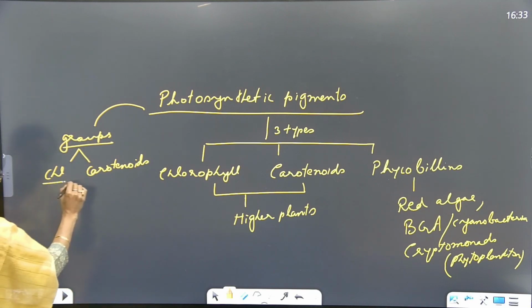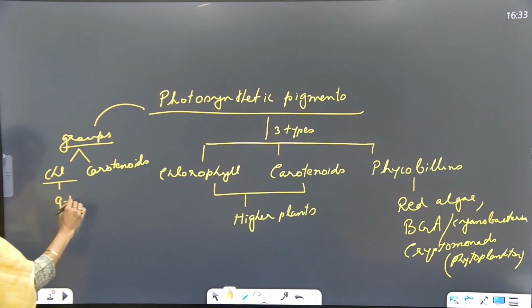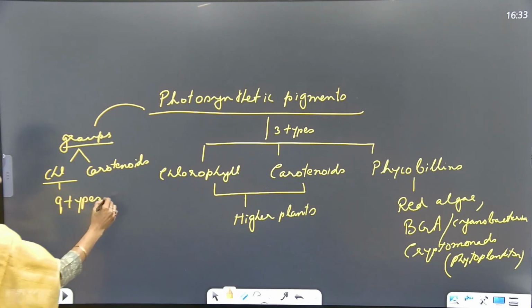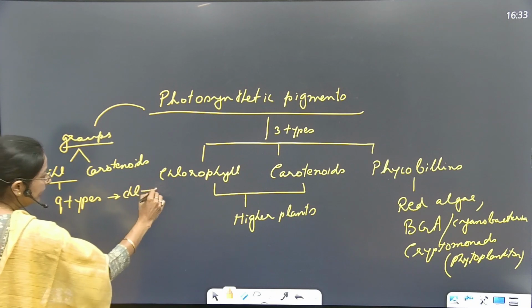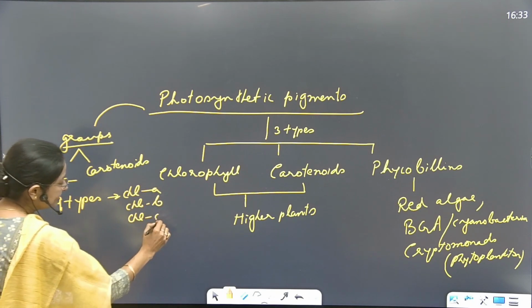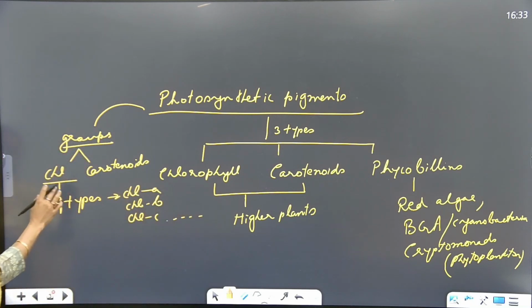One more information about chlorophyll is that you have to know there are around 9 types, right? Chlorophyll A, chlorophyll B, chlorophyll C, chlorophyll D, etc. According to a scientist, chlorophyll is of 9 types.